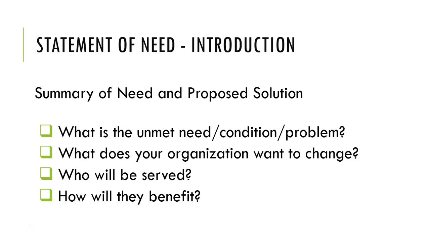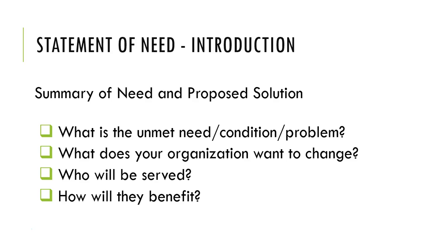So, in the introduction section of the statement of need, you will begin to describe the need and the proposed solution, and you're going to be summarizing both in this section. How can you concretely define the unmet need or condition or problem? What does your organization want to change? What specifically is your organization aiming to change about this unmet need or problem?